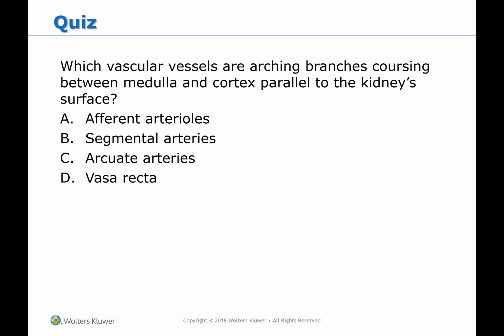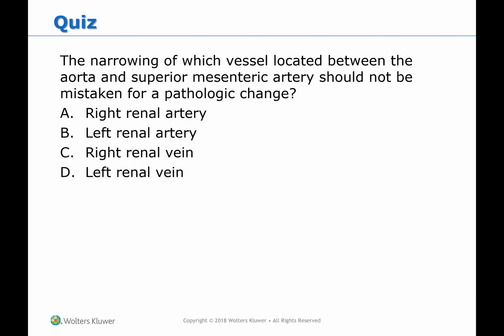Which vascular vessels are arching branches coursing between the medulla and the cortex, parallel to the kidneys? Those are the arcuate arteries. The narrowing of which vessel located between the aorta and SMA should not be mistaken for a pathological change in the left renal vein?